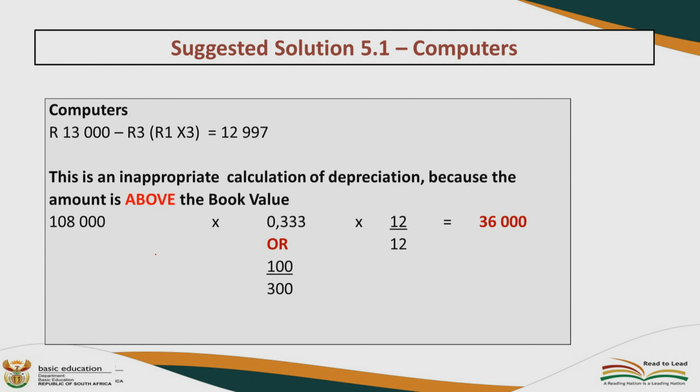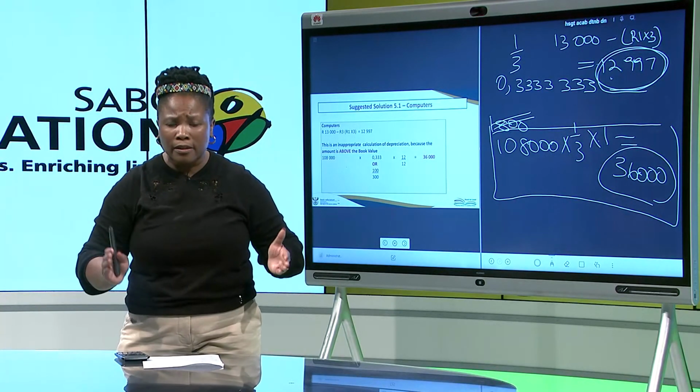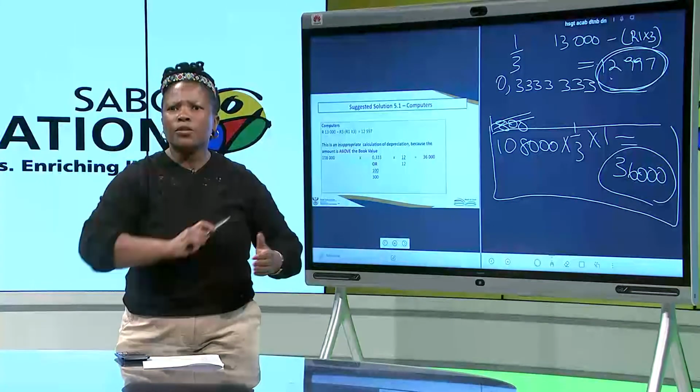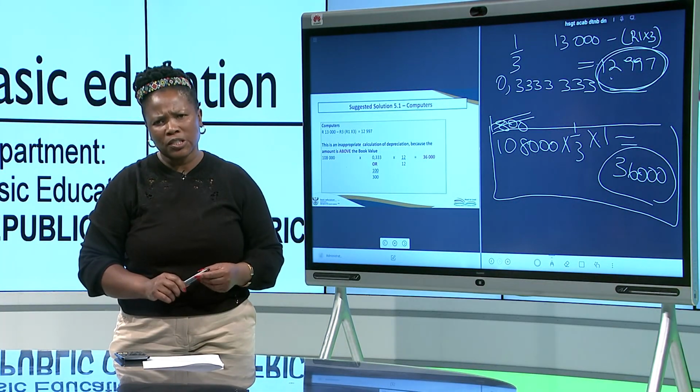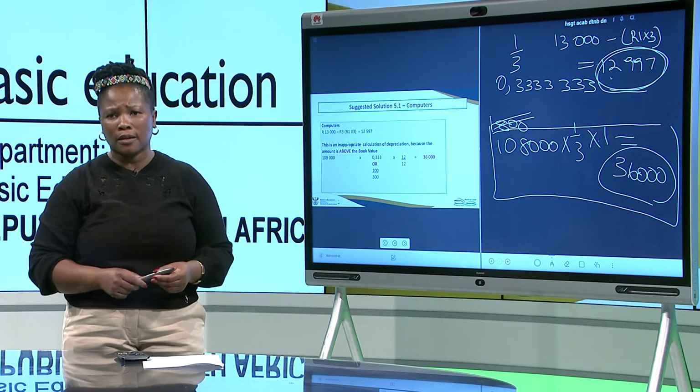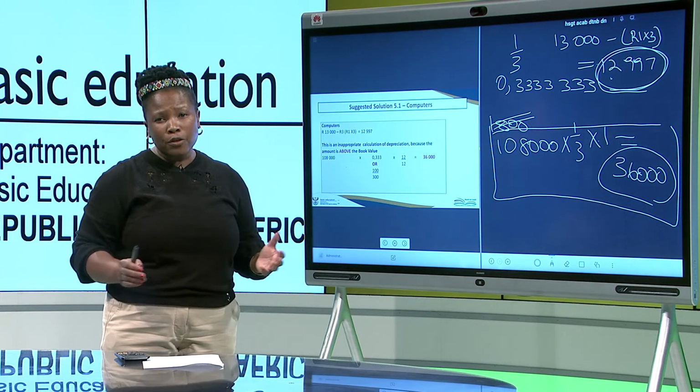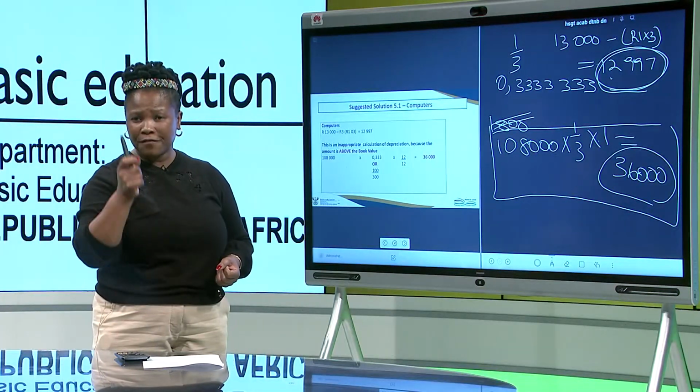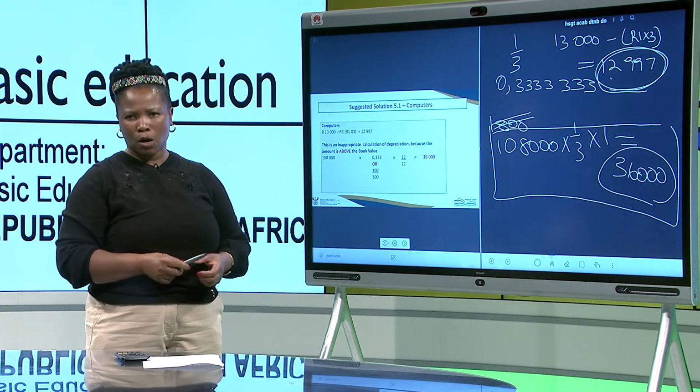If the cost price of the asset is very close to the accumulated depreciation, that is giving you a signal to say this asset is about to be fully depreciated. And you will always notice that your book value will carry a very, very minimal amount.